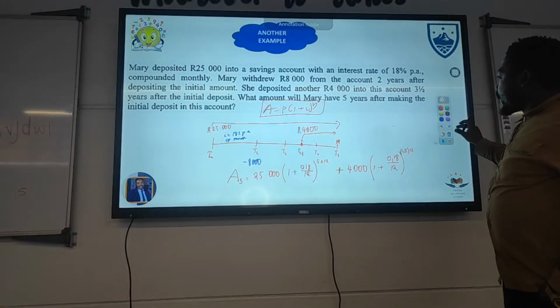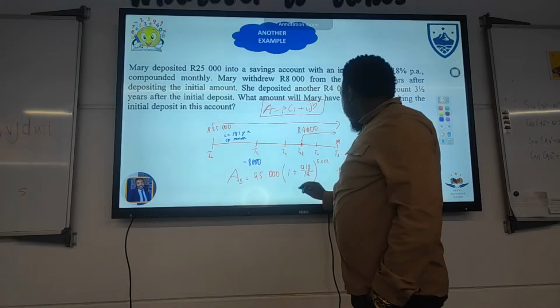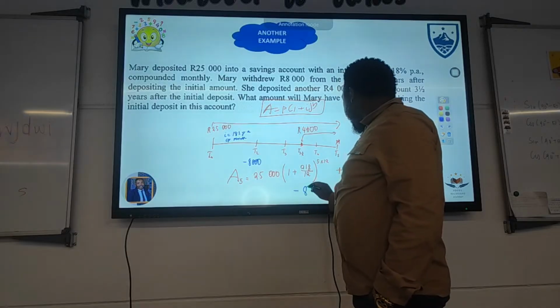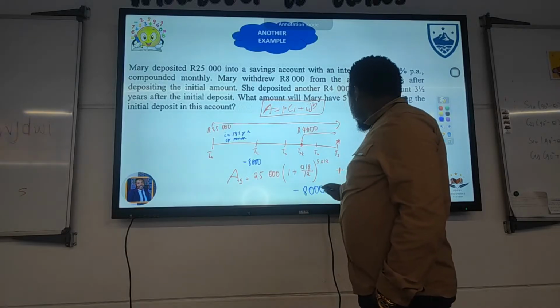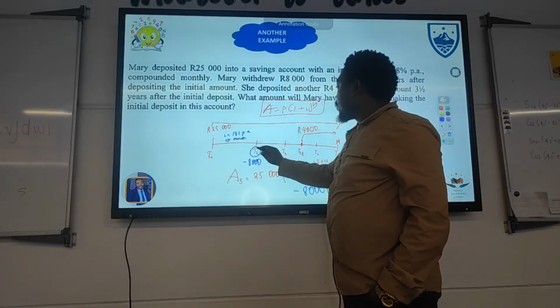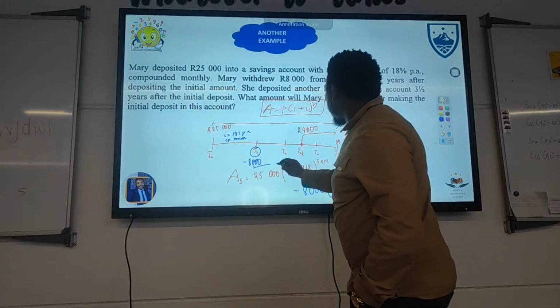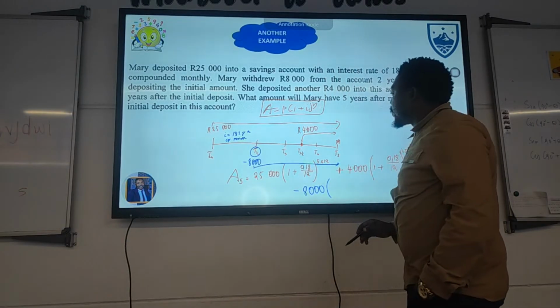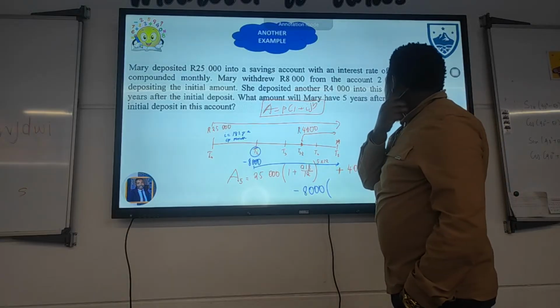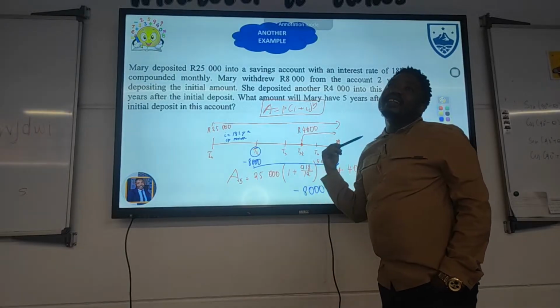And then don't forget the withdrawal. We're going to use blue for the withdrawal. In the same line, we can take on the withdrawal and say 8,000, which was withdrawn. But it was withdrawn where? Immediately 2 years after the initial investment. So this, we also take to the end. And when we take it to the end, how many years did it spend until it got to the end? The 8,000 was supposed to have gained that interest.